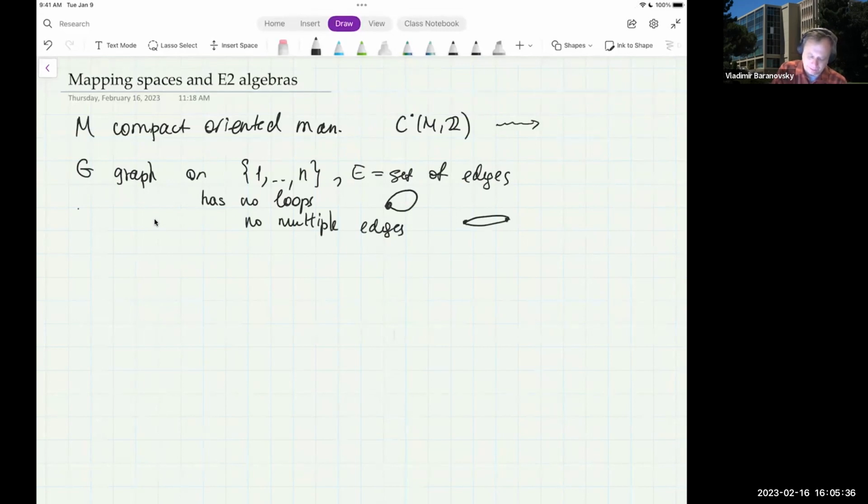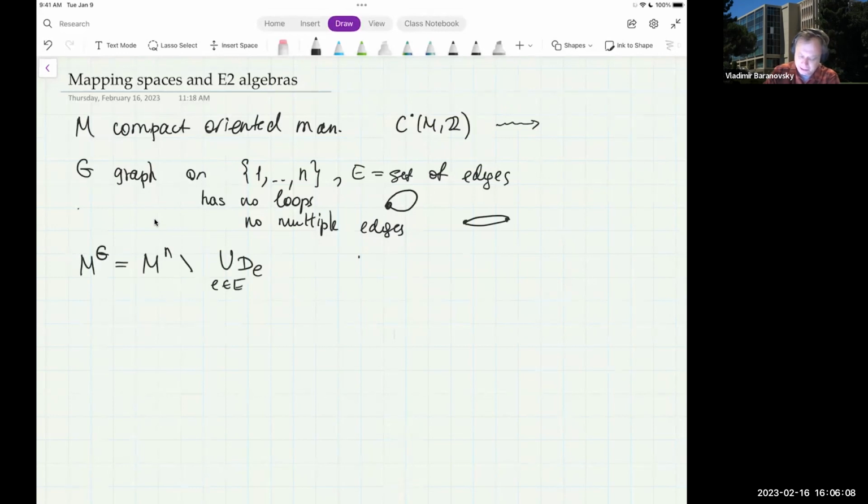If that's the assumption on the graph, then let's consider what is called the graph configuration space. We start with the n-fold Cartesian product of our manifold, and then we remove a union of diagonals. With the usual configuration space, we would take all possible double diagonals and remove them. In this case, the graph will tell us that we're removing maybe only some, but not others.